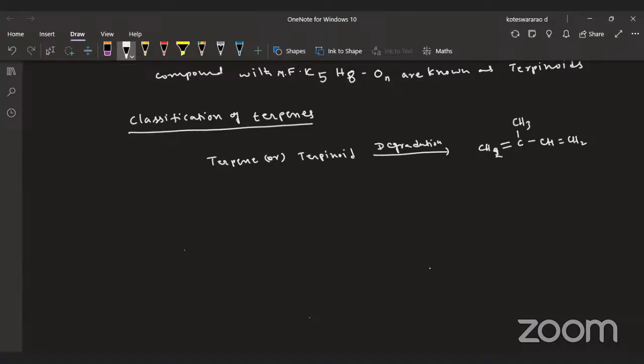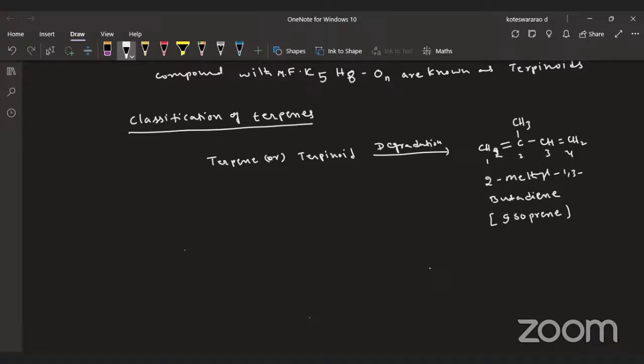Its IUPAC name is 2-methyl-1,3-butadiene, a 1,3-butadiene derivative. This common name is also called isoprene.